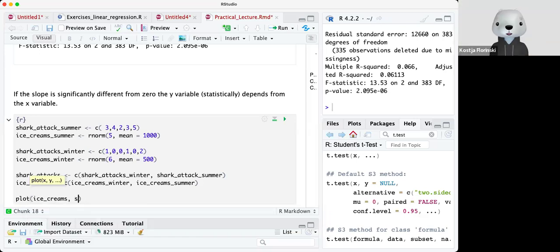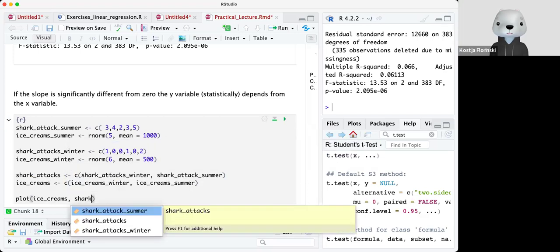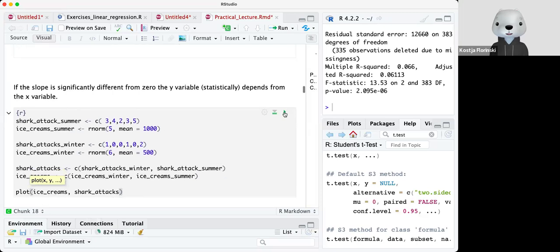So what it says essentially is that there is no causal relationship, but there is something behind that makes those two events go hand in hand.